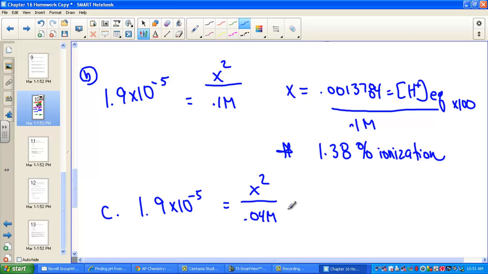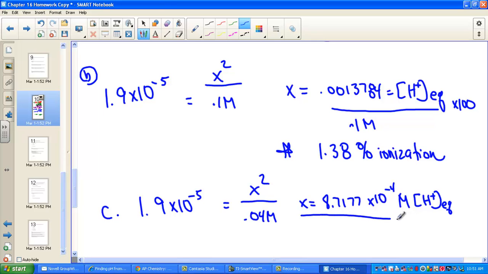Cross multiply and square root to find the value of X. 1.9 e negative 5 times 0.04, square root that answer, and X comes out to be 8.717 times 10 to the negative 4th. That's representing the hydrogen ion at equilibrium.